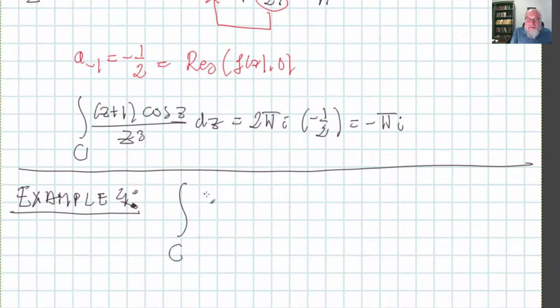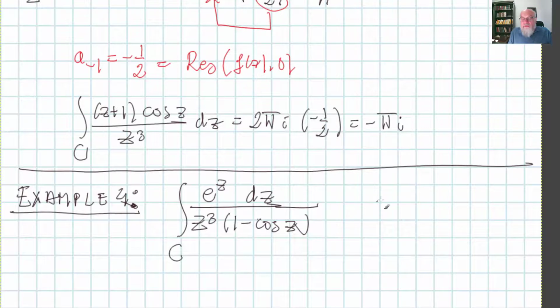So the integral, and here we have e^z, and then I have here z cubed, and then I have here 1 minus cosine z, dz. If you look carefully, we have many singularities. Maybe let me specify what C is again: the unit circle.